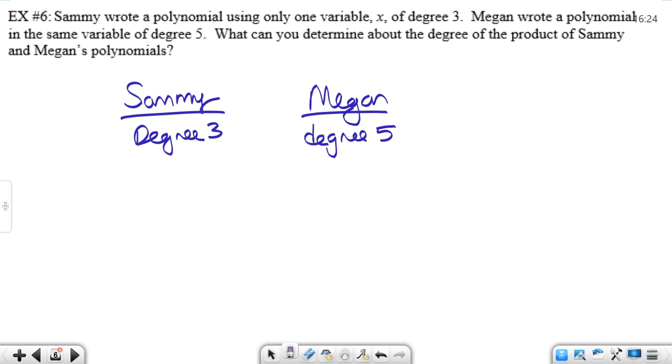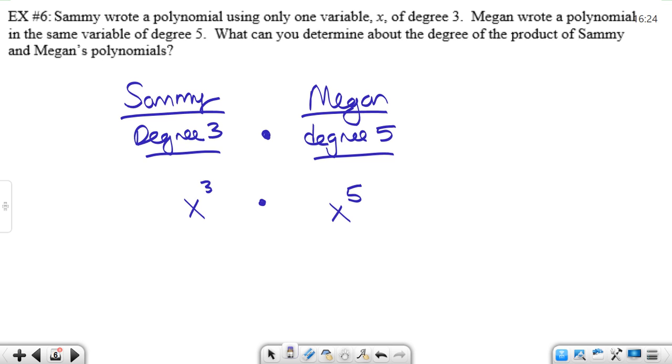Well, guys, if we're going to multiply a degree 3 and a degree 5 polynomial, we can keep this super simple and think about it this way. Sammy's polynomial could simply be x to the third, and Megan's could simply be x to the fifth. Now, I'm not saying that that's what they are, but if we were going to keep it super simple, they could easily be that basic.